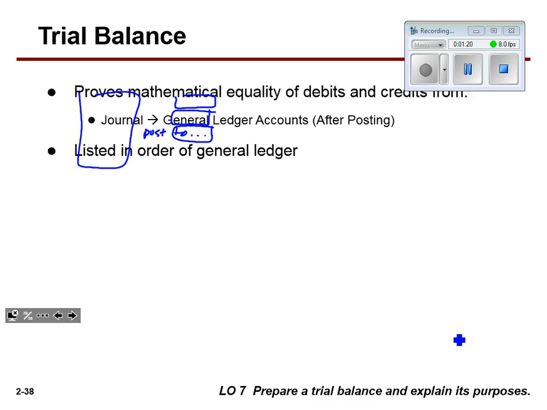It is listed in order of the general ledger. So you list all your assets, then liabilities, then owner's equity, then you list revenue, and then you list expenses. So that's the vertical order of your trial balance.